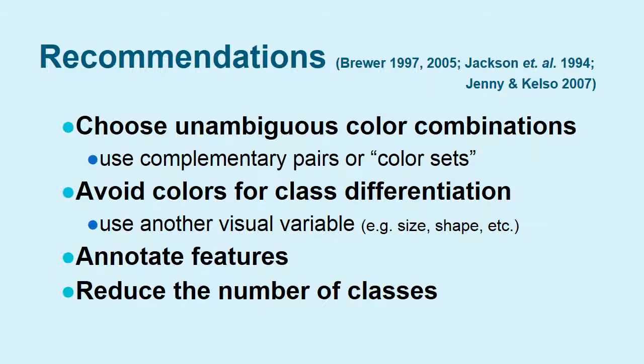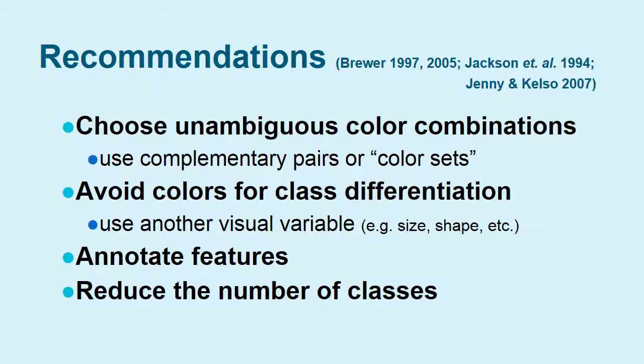So a number of authors have their recommendations. Number one among those is to pick complementary pairs or color sets. Make sure that you do not have ambiguous color combinations. When you're doing mapping, avoid colors for class differentiation if at all possible, especially if it's point values or line values. You can use other visual variables such as size or shape.